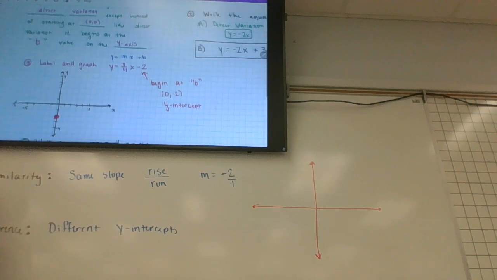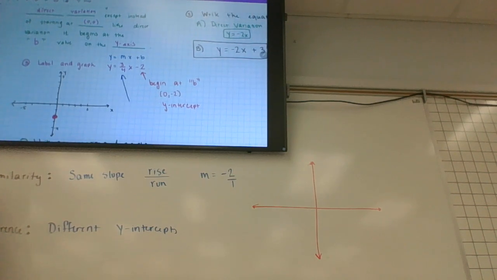Then, after you begin at b, you move the m value. So m is slope, and that's your movement, and that creates your graph. It's your rise over run.